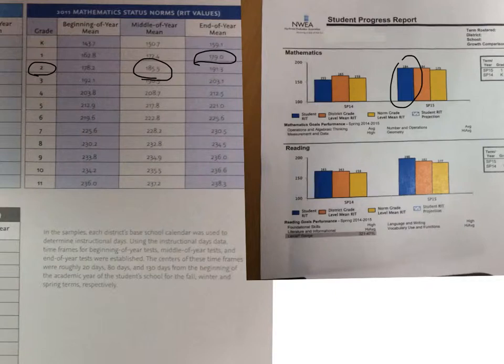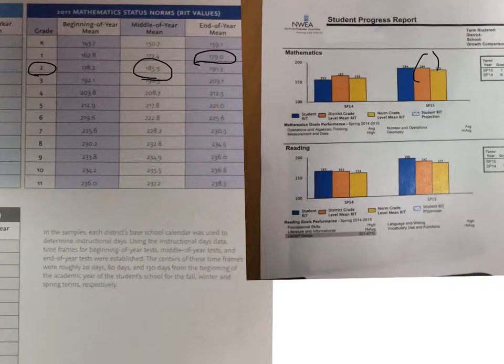Now, we can look over here and we see, let me take this off. We look at the orange, that is our school or our district mean, 184. So it's exactly even to the score. So our entire first grade class is scoring at about a middle of the second grade level.